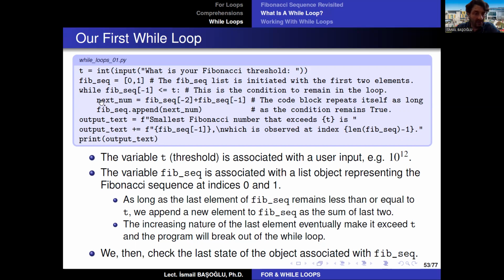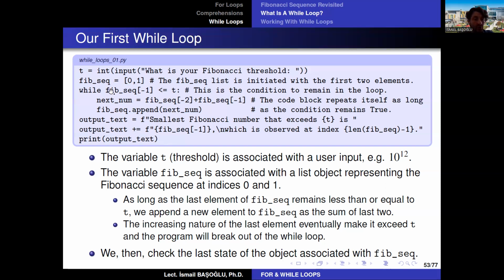The repetition of the while loop will append a new number at the end of the Fibonacci sequence list as the summation of the last two elements. And because the Fibonacci sequence contains only positive values, the next number appended will always be greater than the previous numbers. Therefore, it is guaranteed that at some point the last element will exceed the threshold.